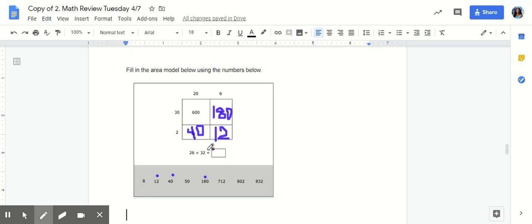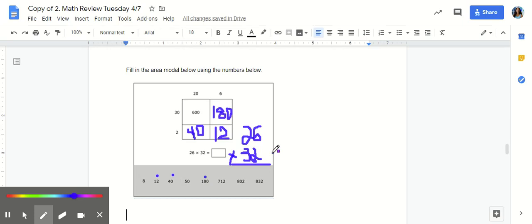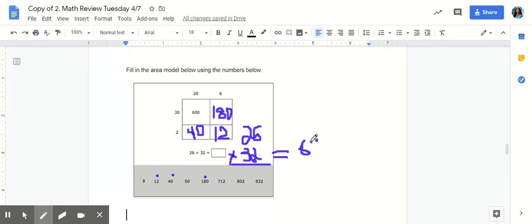Now, if we add that up all together, and we plug it into our number sentence, which is 26 times 32, our answer would be 832.